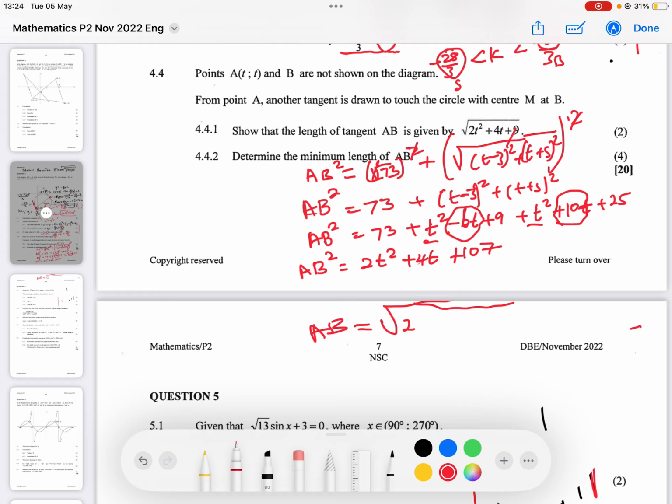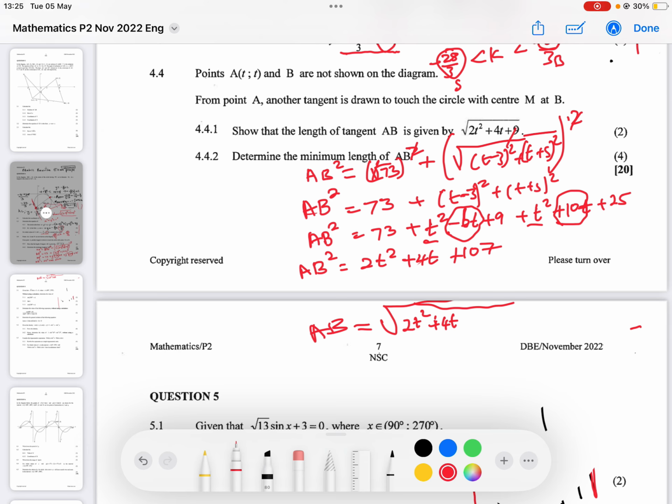It will be the root of 2t squared plus 4t plus 107. Now let's check the root of 107. Root of 107, it's going to be about 10.